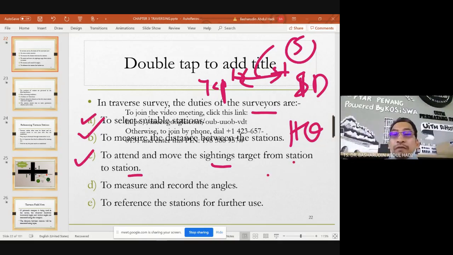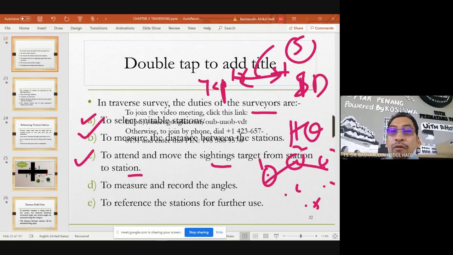If, for example, you have stations A, B, C, D, and E, or 1, 2, 3, 4, 5, and 6, you must go to all the stations and see whether station 2 can see station 1, and station 2 can see station 3. And you must clear out the obstacles. Maybe you have small bushes here, so you must cut them. Alright, so this is one of the examples.